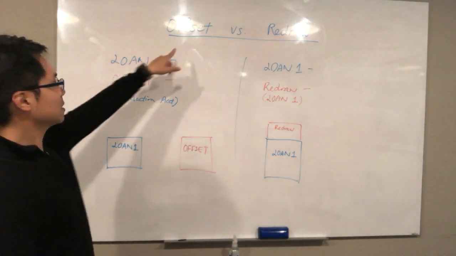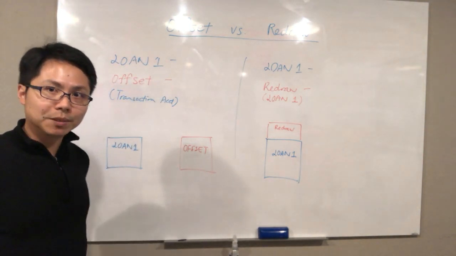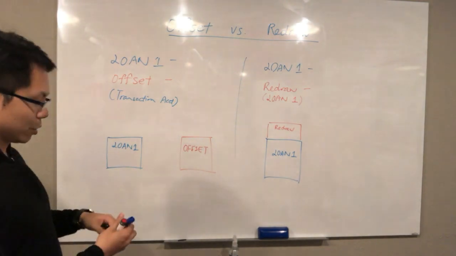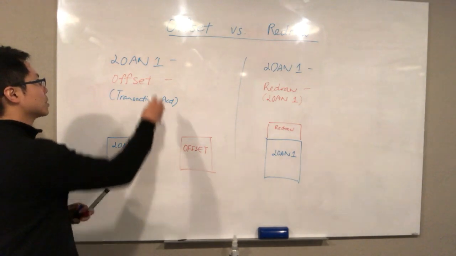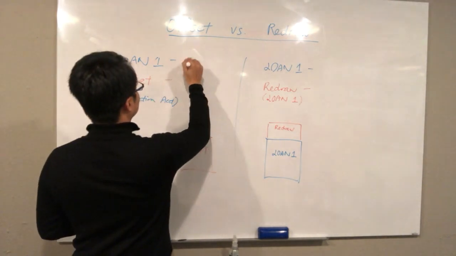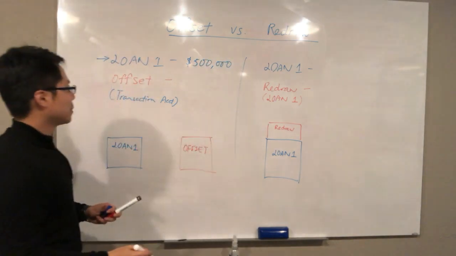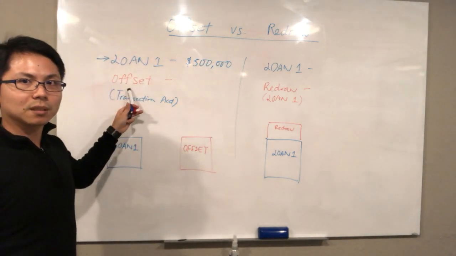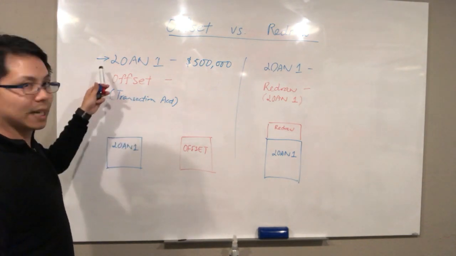Now, let's start off with offset because I think that's the one that everyone is most familiar with. What offset essentially is, is a facility that links to your loan. So today you would have a loan, let's call it loan one, and say, for example, the value of that is $500,000 today. An offset facility is essentially like a transactional account that links to the actual loan.